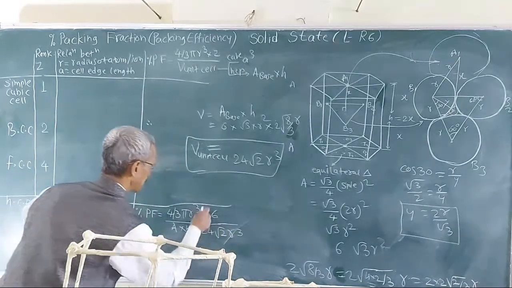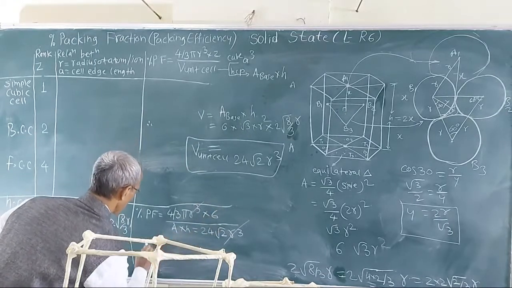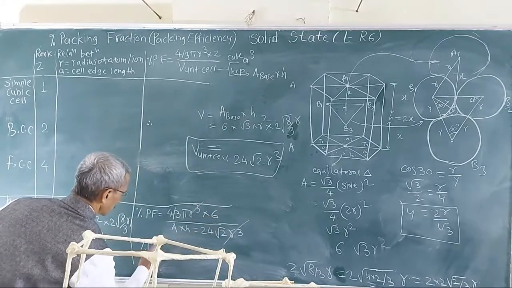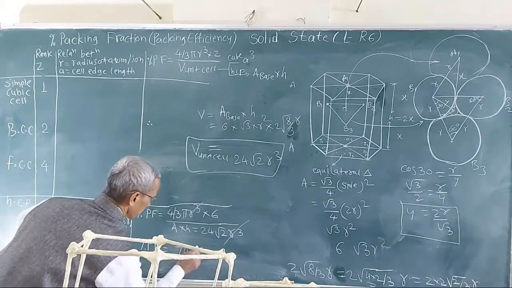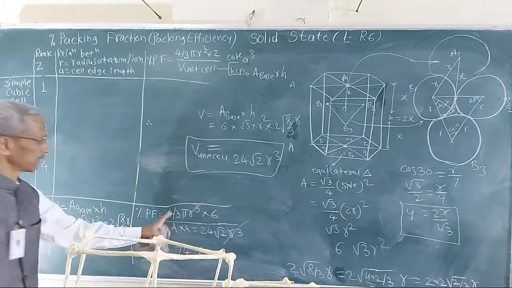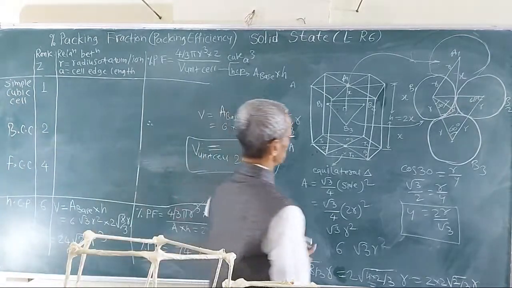So this gets cancelled. Again, one can find that the percentage packing fraction is equal to 74%. So one can eliminate and derive by substituting the values.